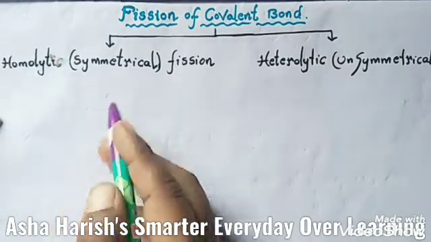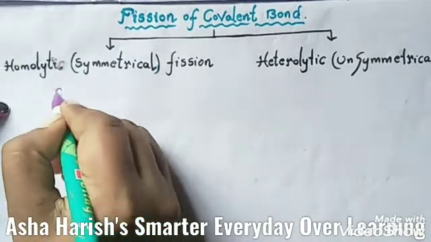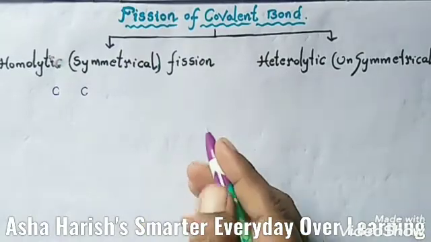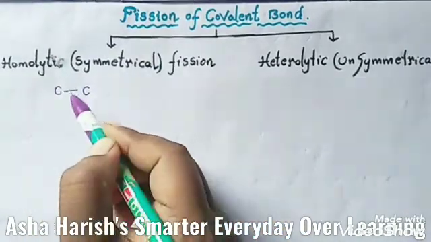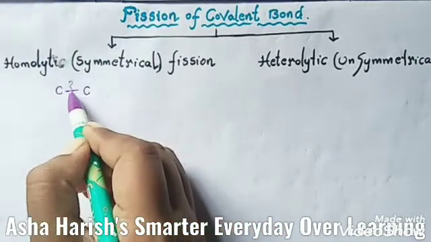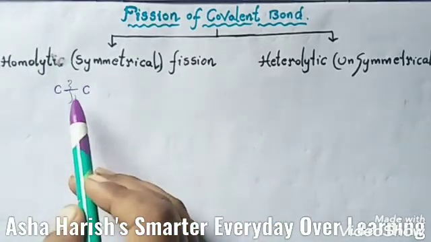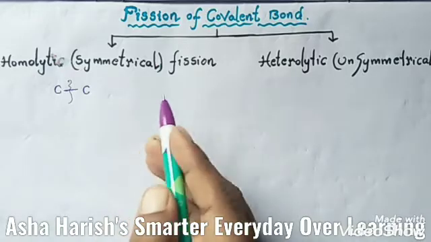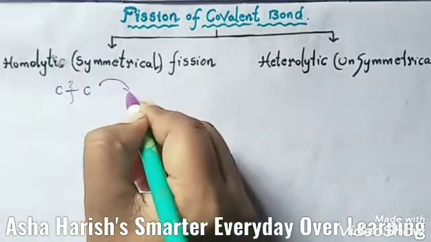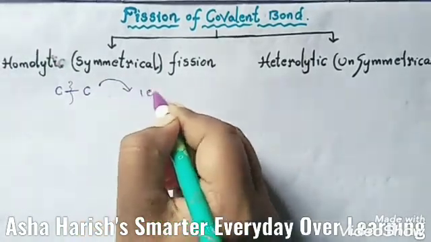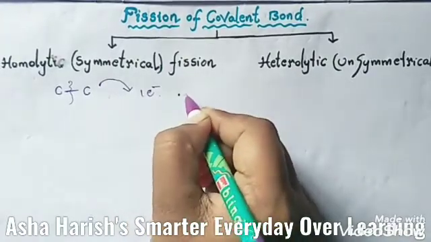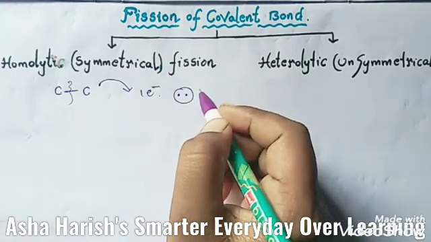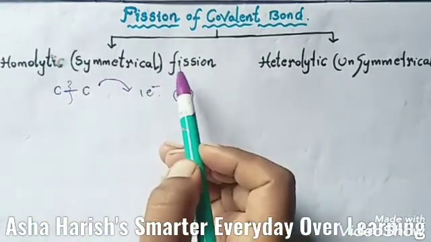If a covalent bond in between the carbon atoms breaks in such a way that each atom takes away one electron of the shared pair, this is the shared pair, it is called homolytic or symmetrical fission.